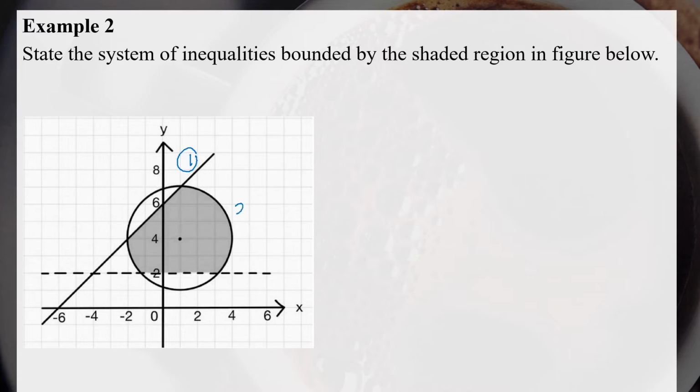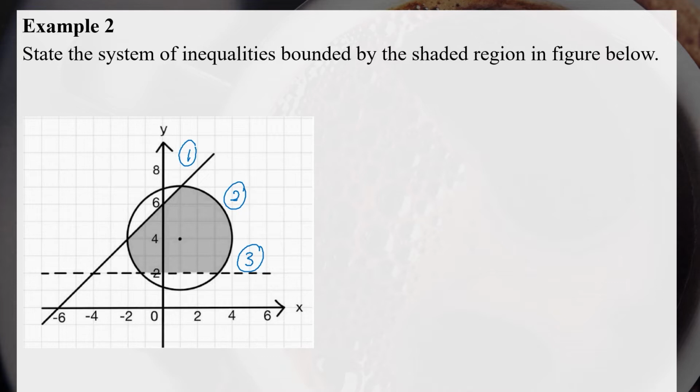And third, this shaded region is bounded by a horizontal straight line. Here is first, second, and third. So again, this shaded region is bounded by a linear equation, a circle, and a horizontal straight line. So it's bounded by three inequalities.